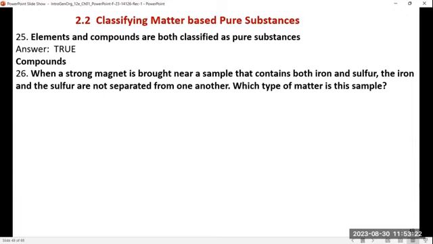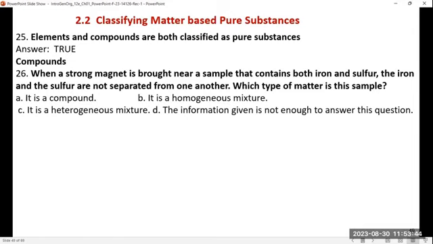About the compound, when a strong magnet is brought near a sample that contains both iron and sulfur, that sample has iron and sulfur in it. We don't know in what form. The iron and sulfur are not separated from one another, so it should be a compound. If a magnet is brought into the sample, iron will get attracted to the magnetic field and could be separated.